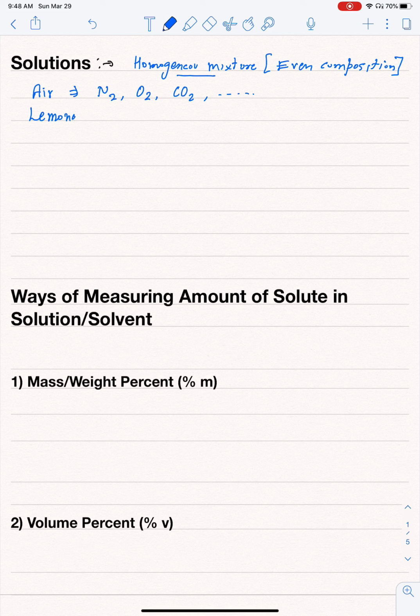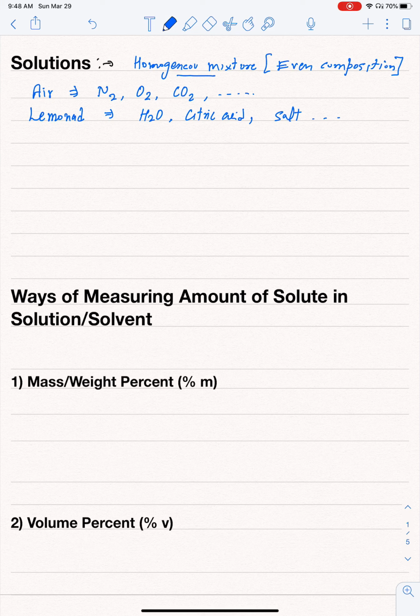In lemonade, we have water, citric acid, and salt, and probably some other flavors, and they're all evenly mixed up. So that's an example of a homogeneous mixture and, as a result, a solution.